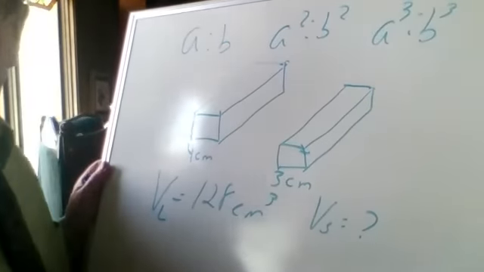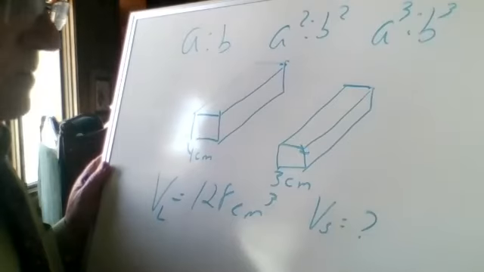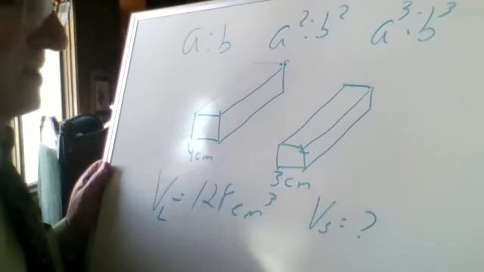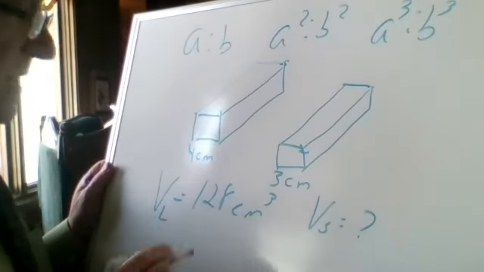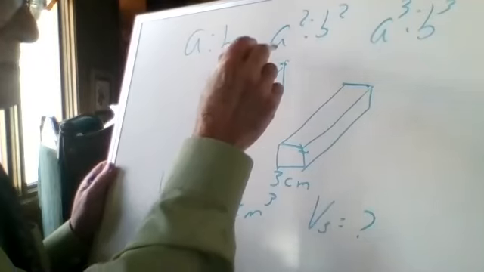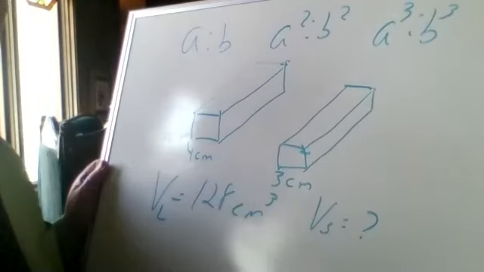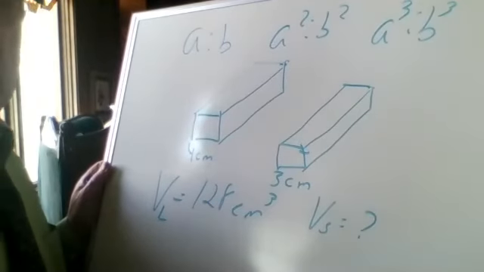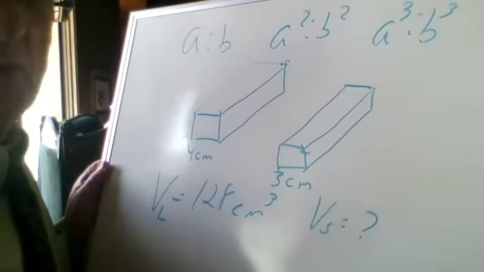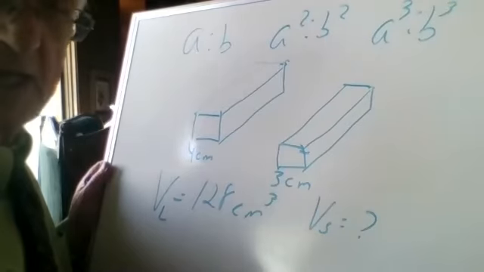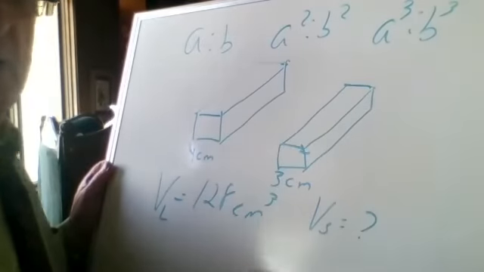So I just need to set up a proportion: 4 cubed is to 3 cubed as 128 is to my answer. That's a simple proportion. Just solve it. It really is easy. This is also an important thing to remember when taking SATs, ACTs. This saves you a lot of work.